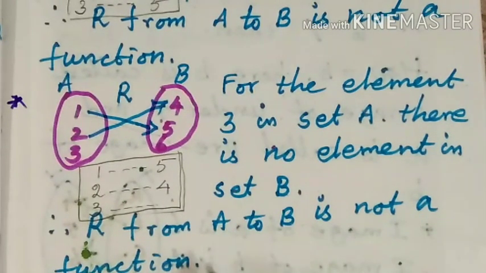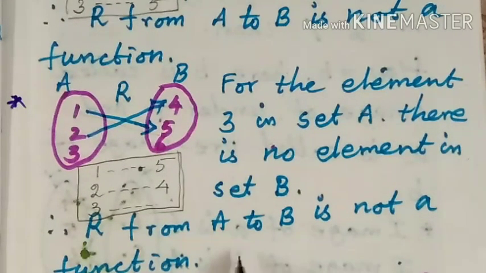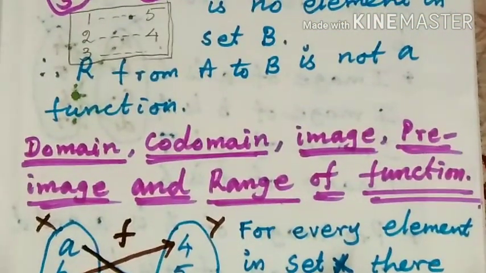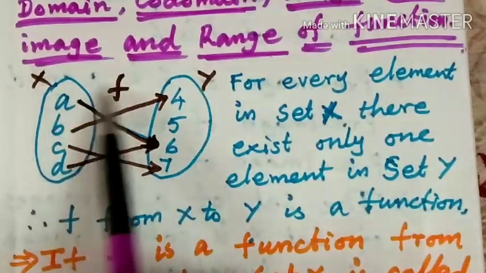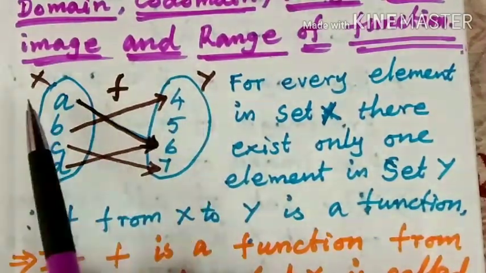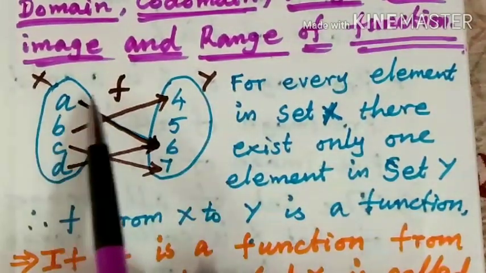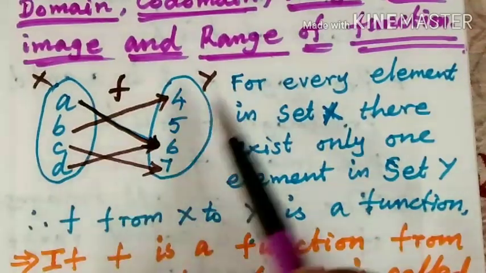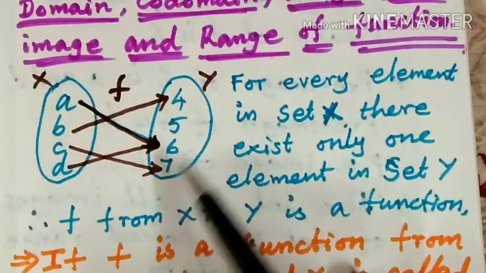Okay, students, now you get a clear idea about function. Next, we will see domain, codomain, image, pre-image and range of a function. For better understanding, I will explain these definitions with an example. Let us consider two non-empty sets X and Y. X has {a, b, c, d} and set Y has {4, 5, 6, 7}.